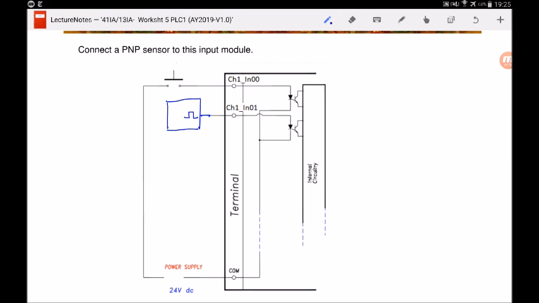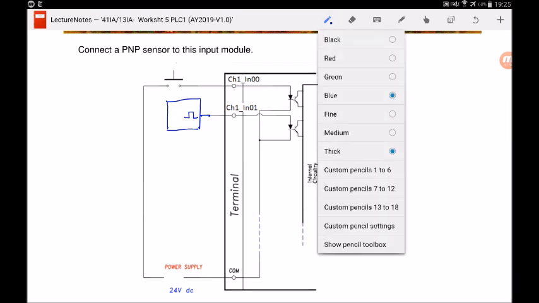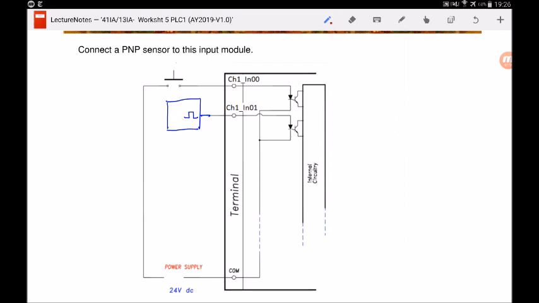Now let's analyze the current flow. You can see that this is the diode. To make it forward bias, current must flow this way. And you can see that for the current to flow this way, the current is actually flowing in this direction, right? Clockwise direction.